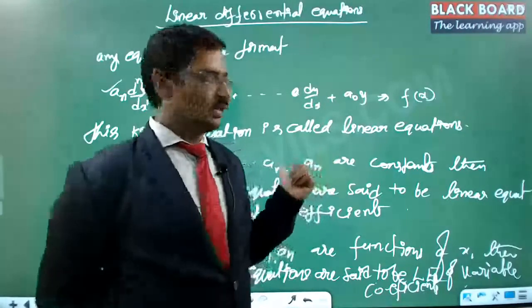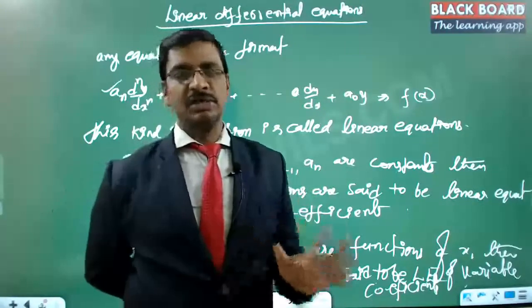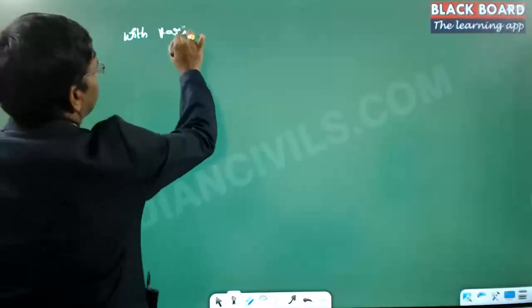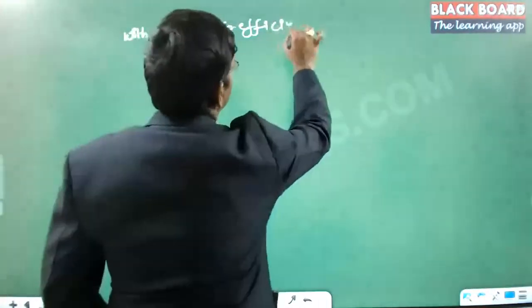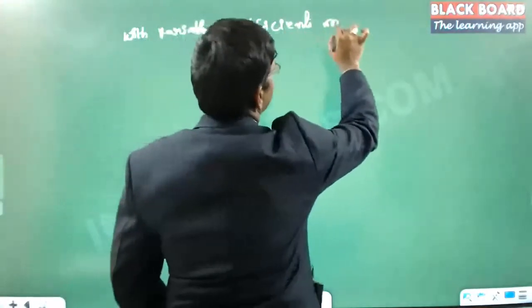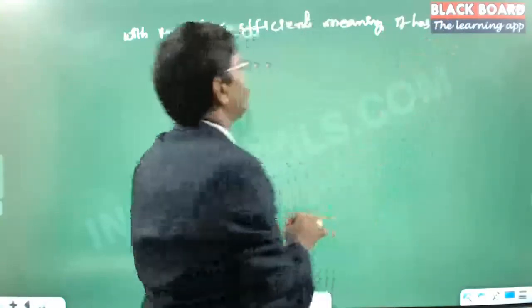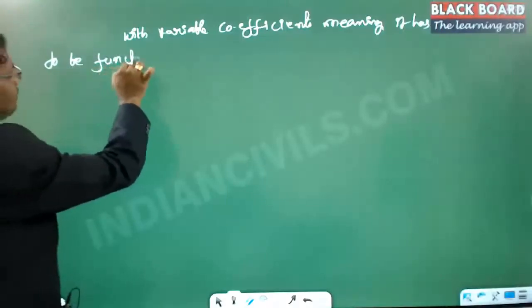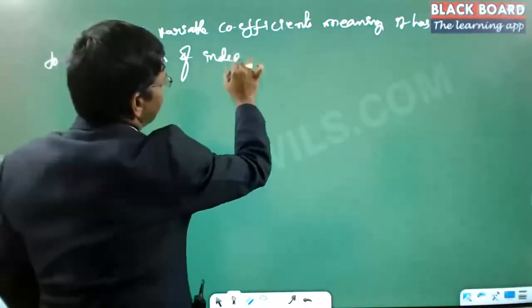Here, the linear equations with constant coefficients, with variable coefficients, meaning purely the functions of x. So that you have to note explicitly, right? So with variable coefficients, meaning it has to be functions of x only, functions of the independent variable only.